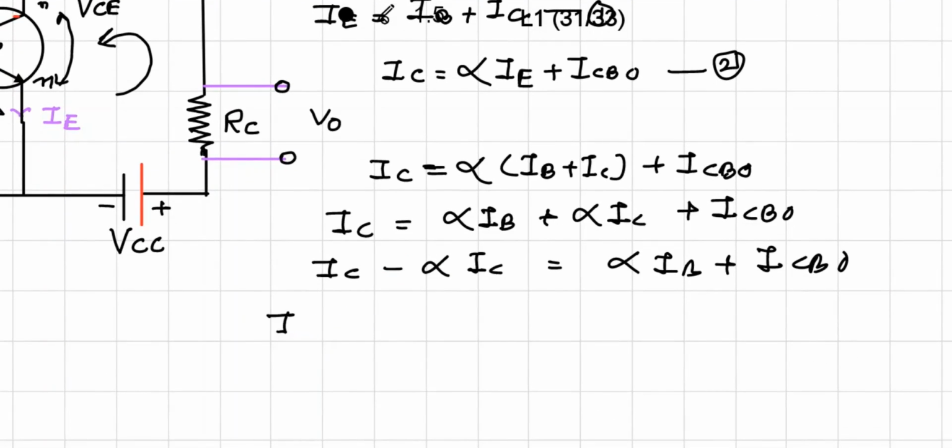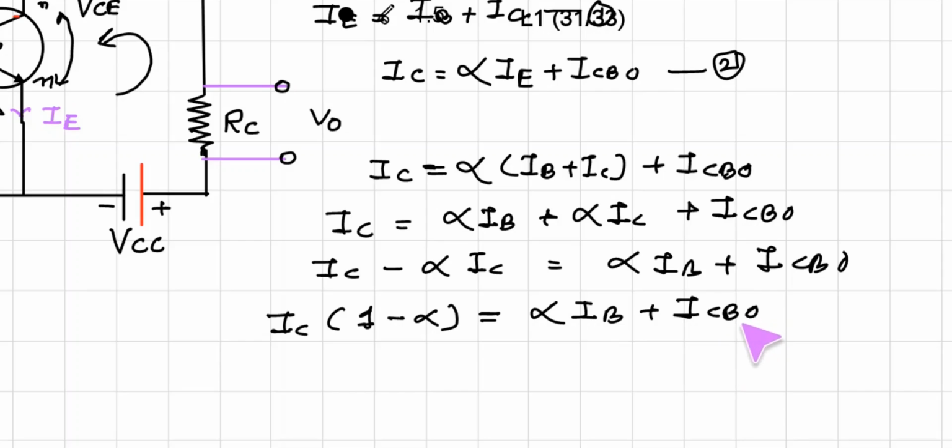So here IC is common, so we get IC times 1 minus alpha is equal to alpha times IB plus ICBO.